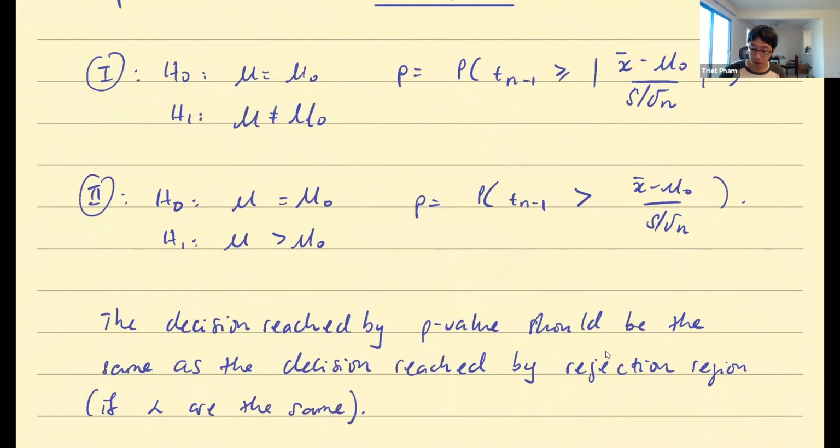Do remember the difference between the p-value approach and the rejection region approach: in the rejection region approach, the experimenter picks the alpha and then reports if they reject or accept the null. In the p-value approach, the experimenter reports the p-value and the audience chooses the alpha to accept or reject. But if the alpha chosen are the same, the audience and the experimenter should reach the same conclusion.